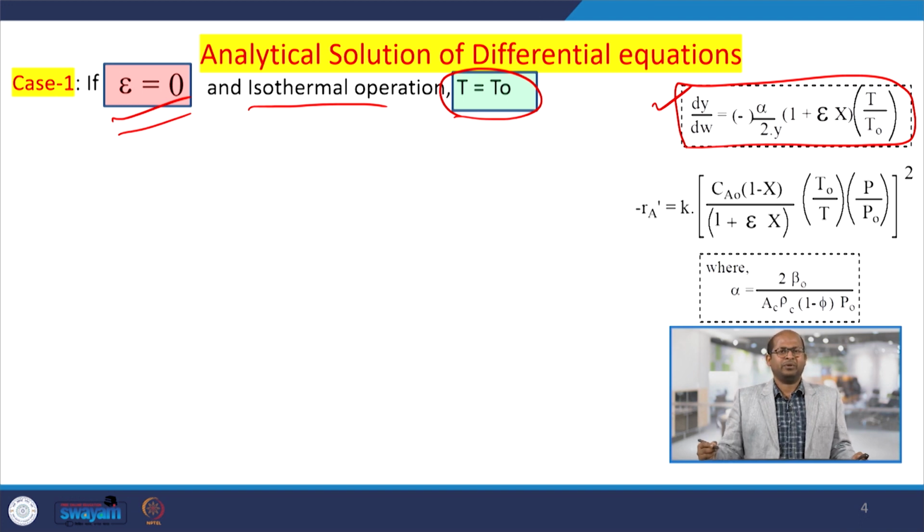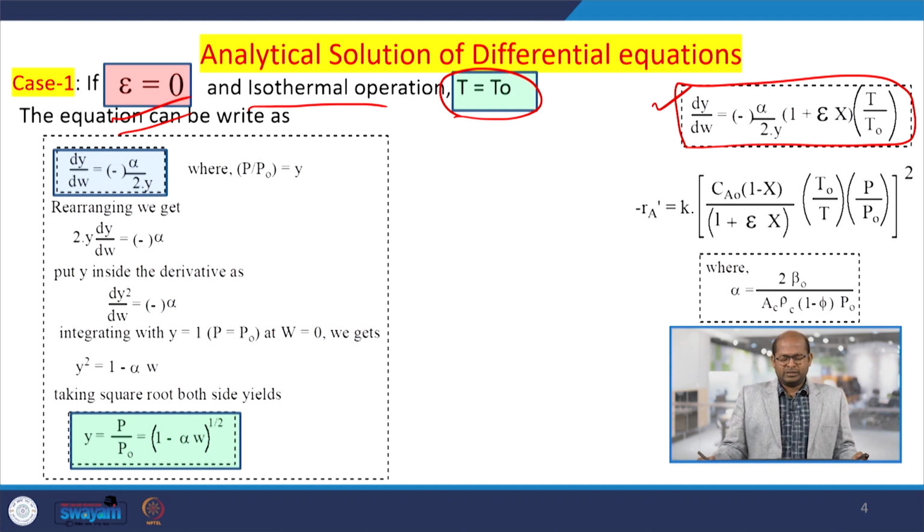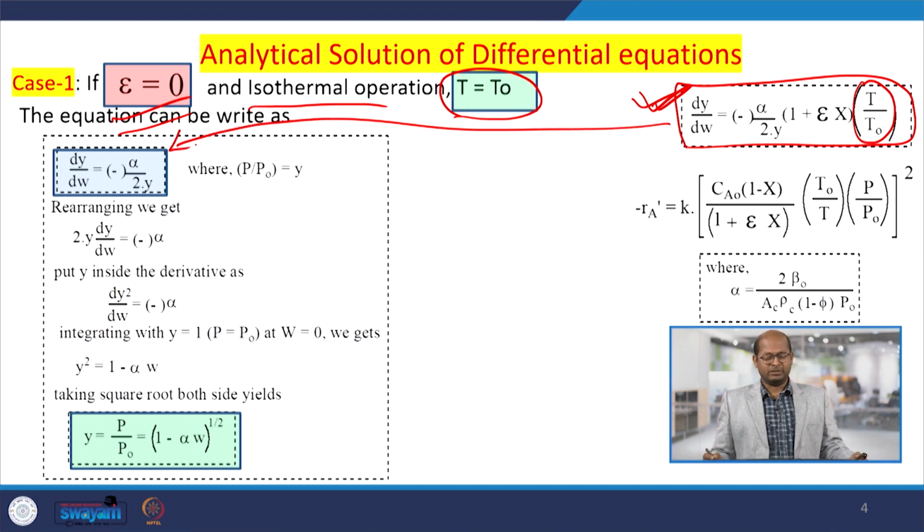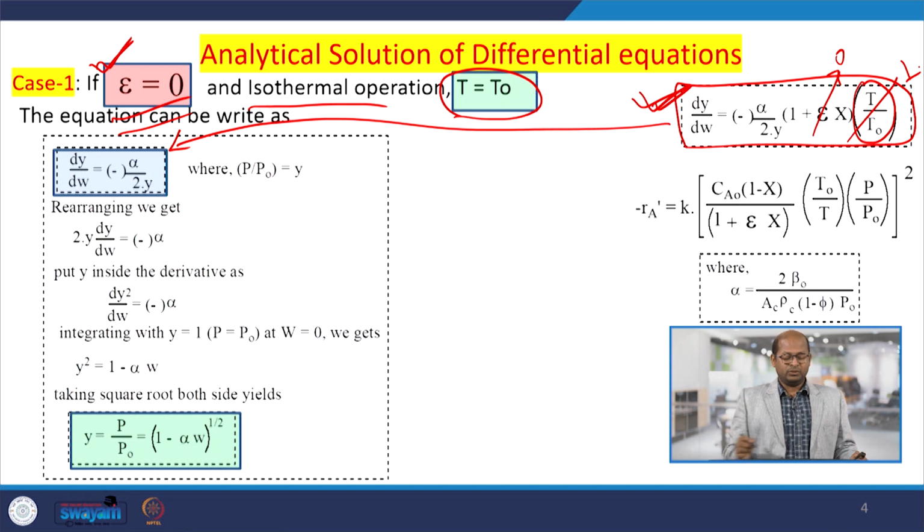Then, from the design equation that we have derived, if it is isothermal, T equals T0, so T over T0 equals 1, and we put epsilon equals 0. Then this part becomes 1, and the equation becomes the differential equation dy by dW equals minus alpha over 2y.